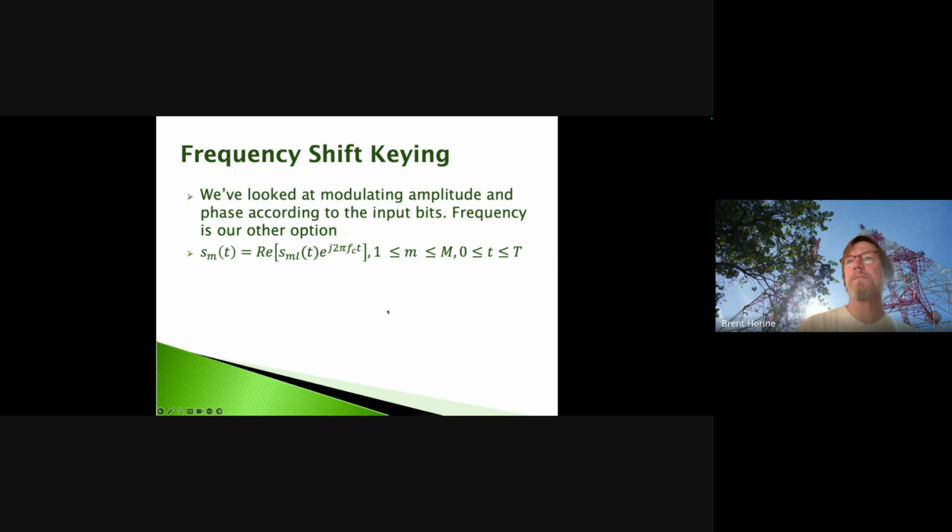Here again, we're going to work with the low pass equivalent representation of the signal, and then to get the real modulated waveform, we multiply by a carrier frequency at FC. Again, that might be 1 megahertz or a gigahertz. Since that's complex, we take the real part of that, and we get some cosine 2 pi FC t.